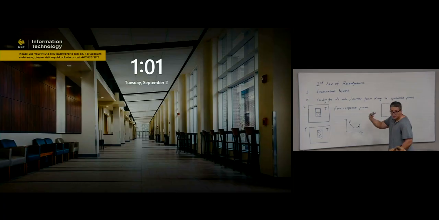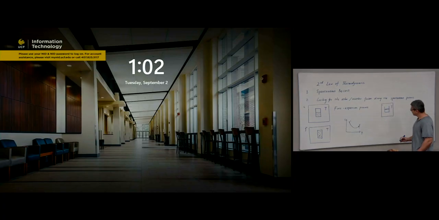We do not know the free expansion process, but we can build something like this. This is a cylinder. We put a piston here. And in the initial state, the pressure is Pi, Vi, and for here, the same thing, Pi, Vi. Okay?